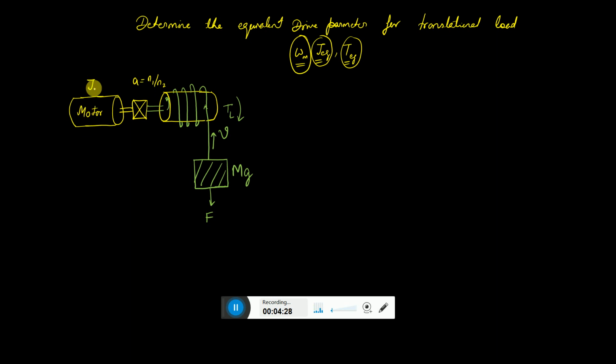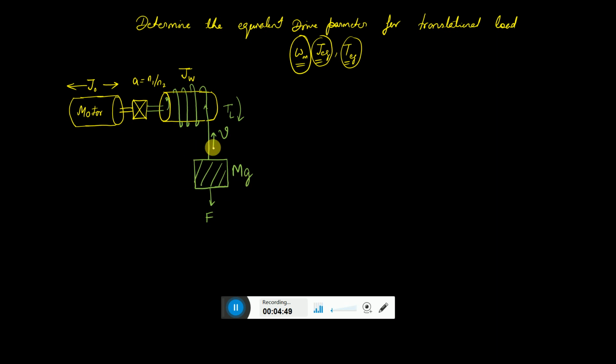The inertia of the motor is J0 because the motor has its own weight, and there is the inertia of this drum or winch, and also the mass m.